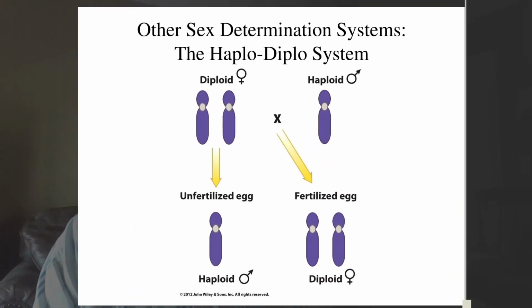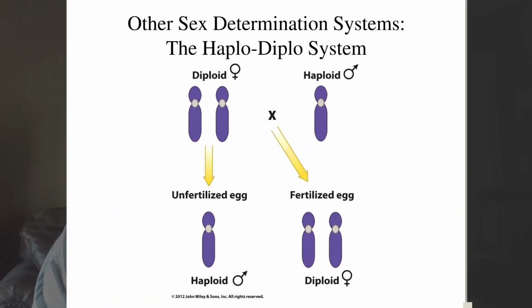There are a couple of others predominantly found in amphibians, but also in certain reptiles. This is the Haplo-Diplo system, and this is where a diploid individual is female, a haploid is male. And in this case, notice we have a situation where an unfertilized egg actually develops into a haploid male.